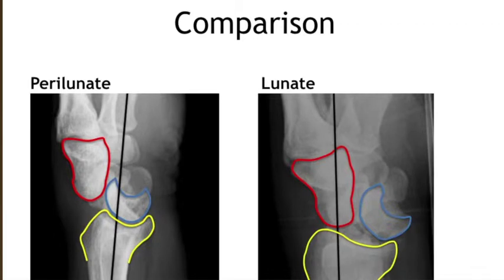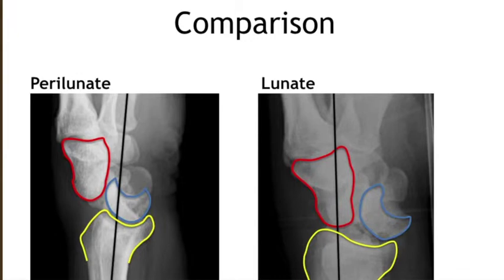So here's a good comparison view. The red describes the capitate bone, the blue is the lunate, and the yellow is the distal radius. So you see on the lateral view how these 4 C's are displaced in this. So the perilunate dislocation, the lunate still has its articulation with the distal radius, where the capitate subluxes dorsally.